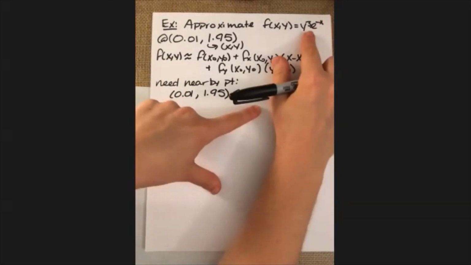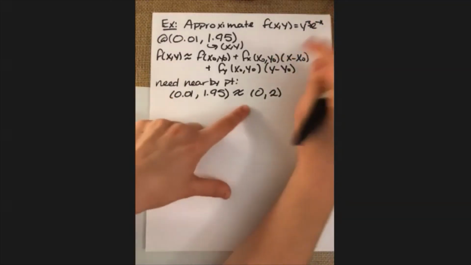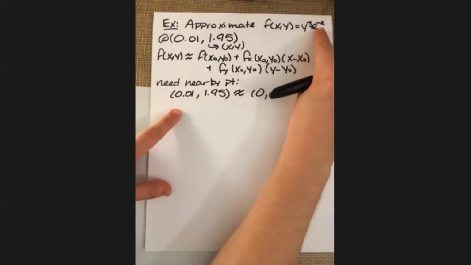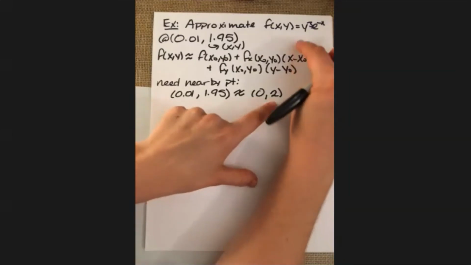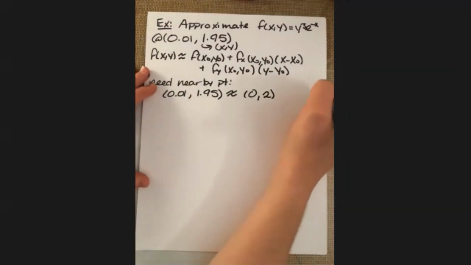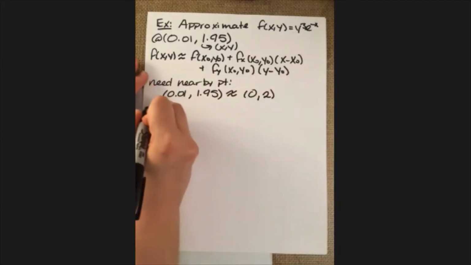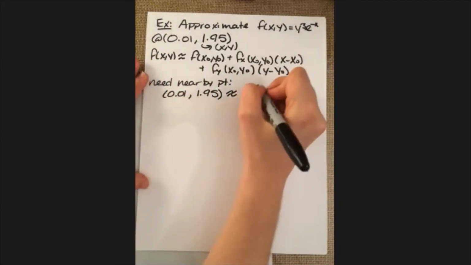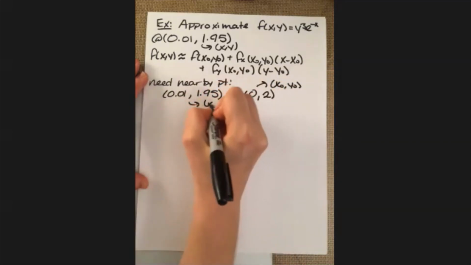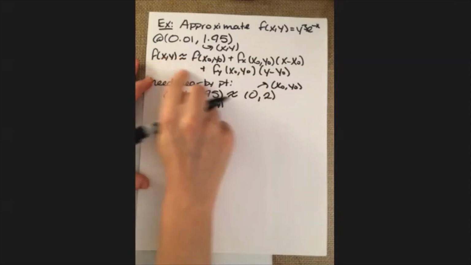And if we go back and look up at this equation here, 0 is way easier to plug into an exponential function than 0.01, so we've made a really good choice there, and then 2 cubed is pretty straightforward as well. So this means that this is going to be your x naught y naught, and like we said, this is xy.